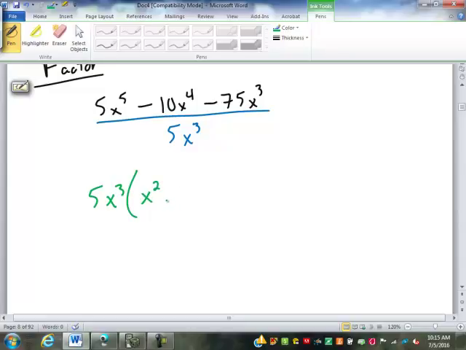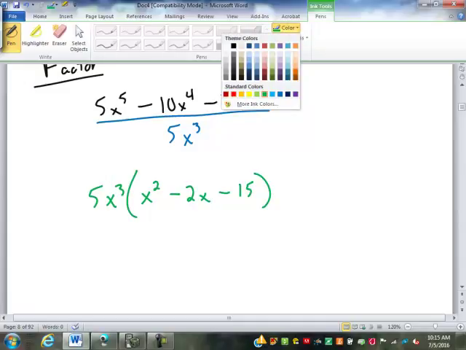X squared minus 2x minus, what's 75 divided by 5? 15. And the x to the thirds divide out.